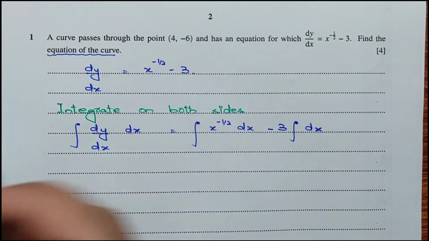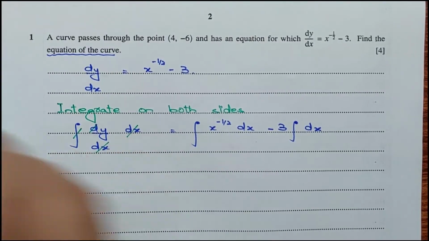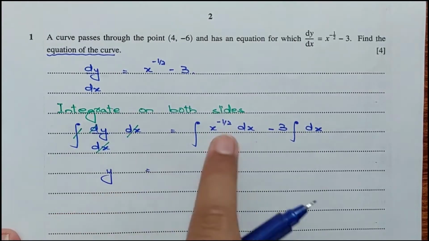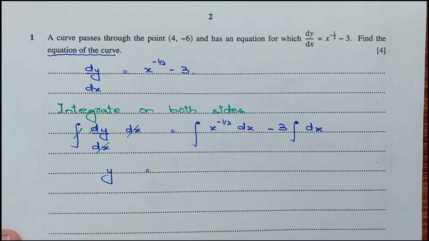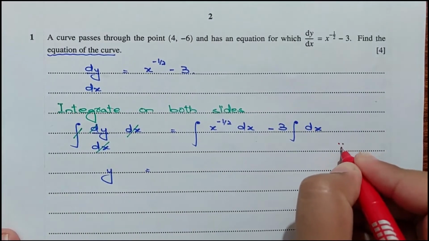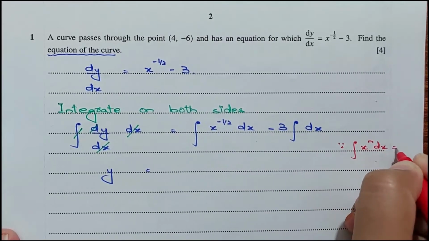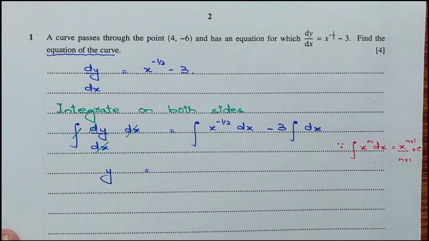Alright, so from here the derivative and this integral cancel, and dx cancels with dx, and we are left with y. The integration of x to the power n has a formula. Let me write this down. The integration of x to the power n dx equals x to the power n plus 1 over n plus 1, plus some constant of integration.